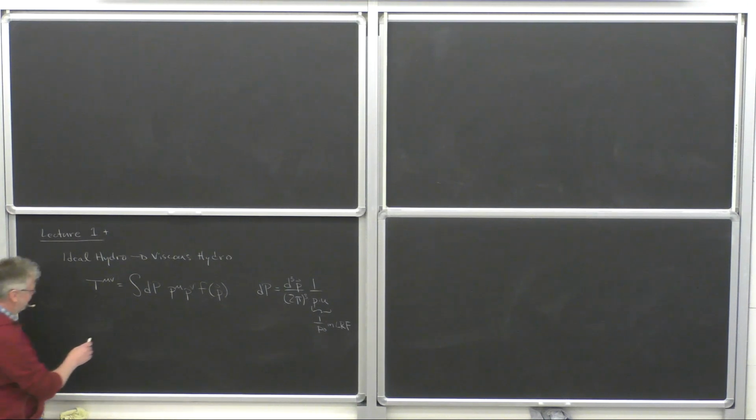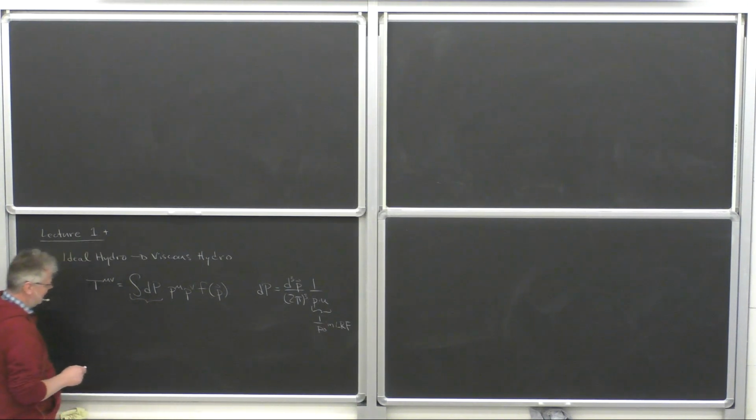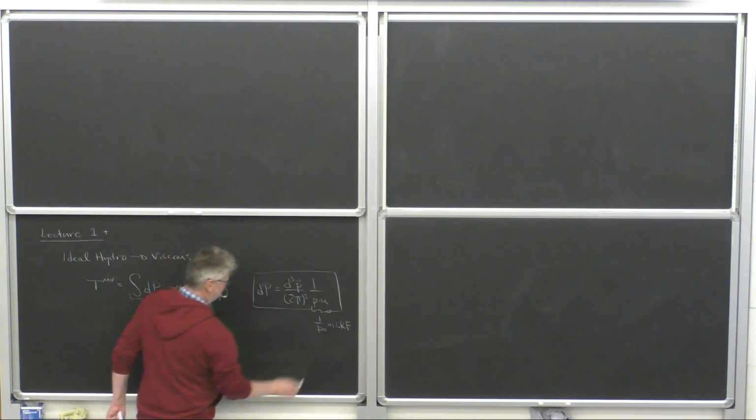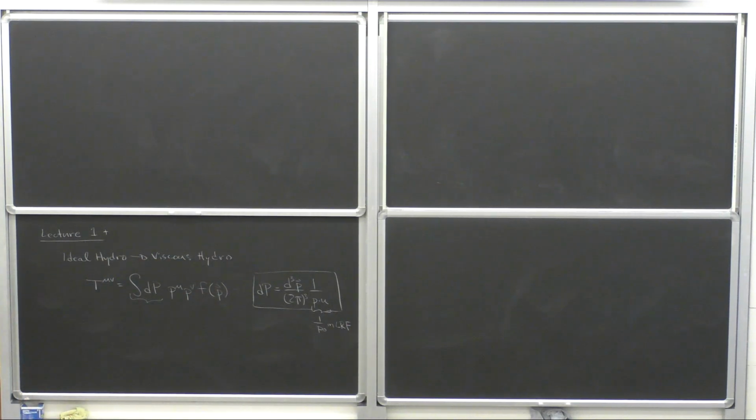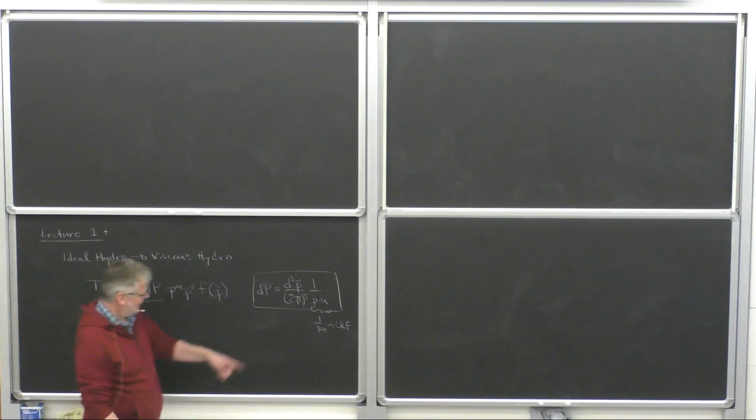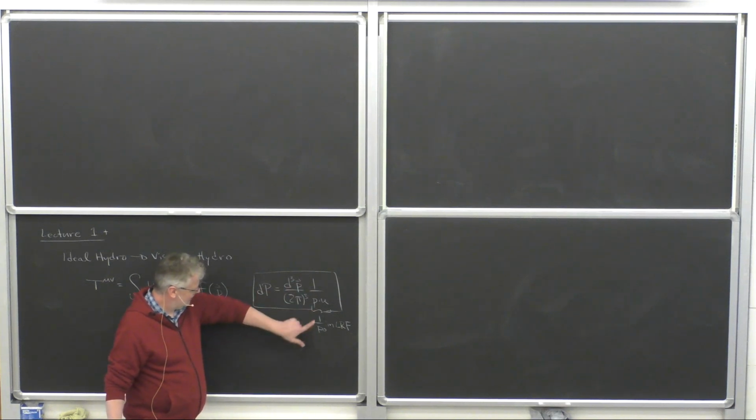I'm going to focus on a kinetic theory picture in order to have some grounding here. And in kinetic theory, I can obtain T-mu by integrating over the invariant phase space measure. The invariant phase space measure is defined over here. It's a three-dimensional integral over momentum divided by p dot u.